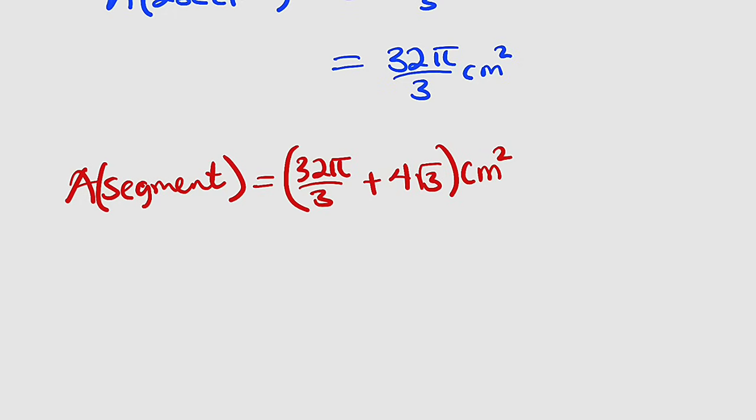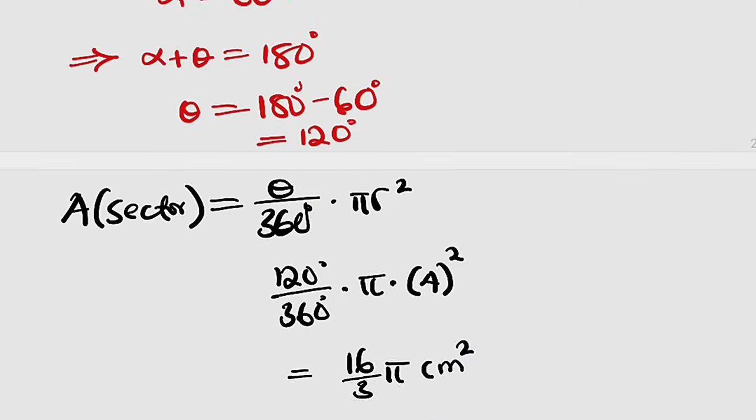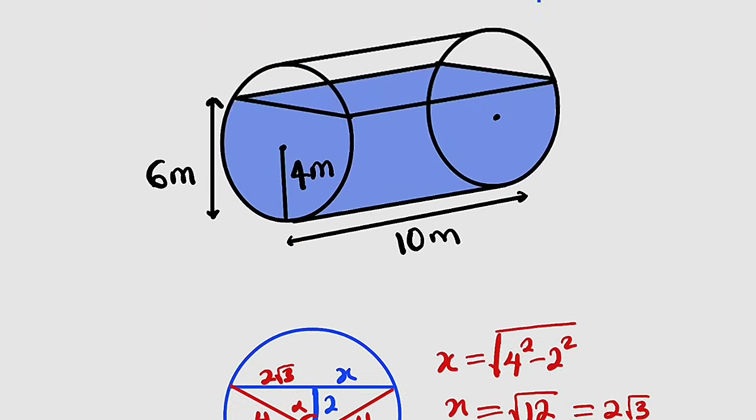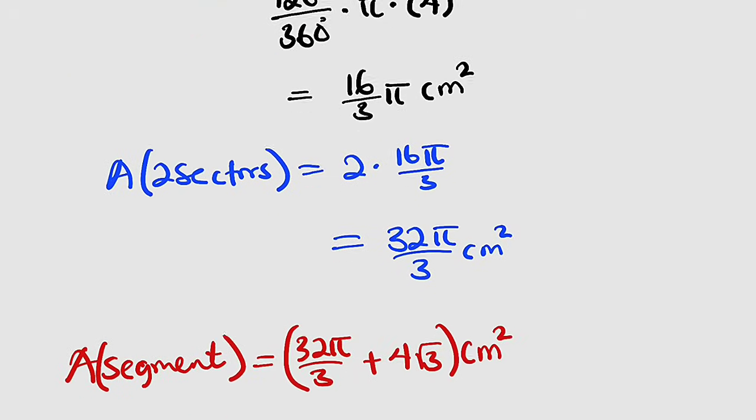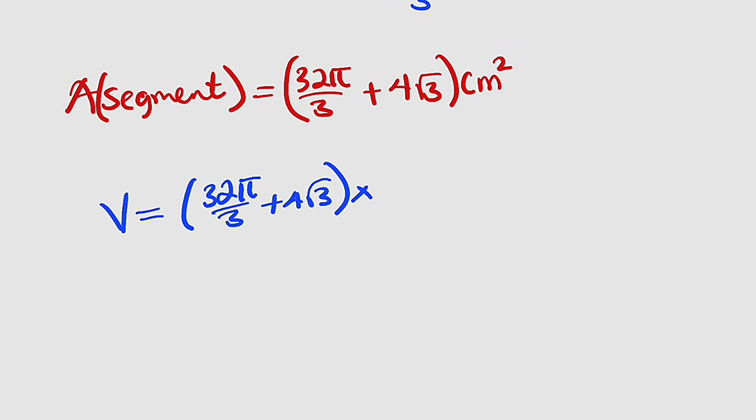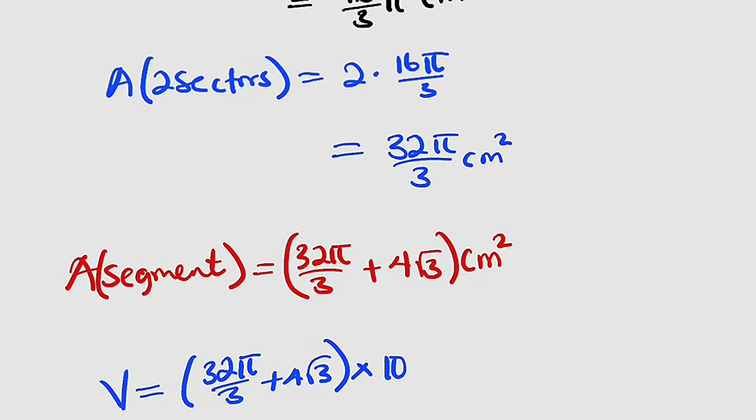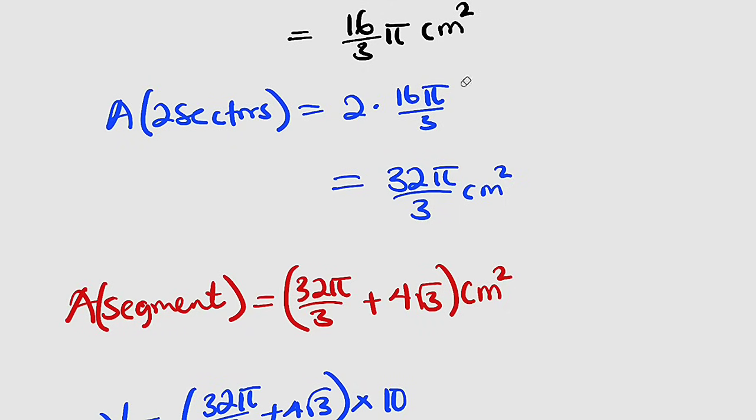So this is the area of the segment. But remember, we are looking for the volume. The volume will be equal to area of the segment, which is 32 pi over 3 plus 4 root 3, multiplied by the height of that cylinder, which is what? 10 meters. Sorry, I have been using centimeters here.